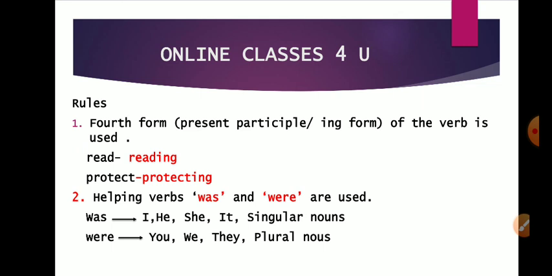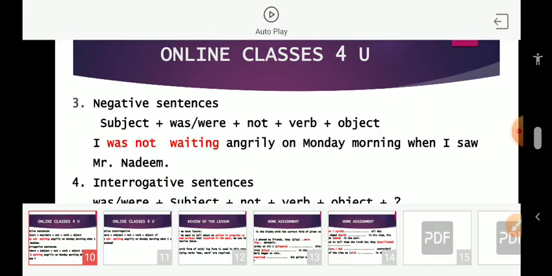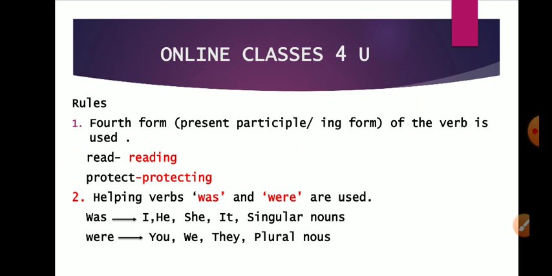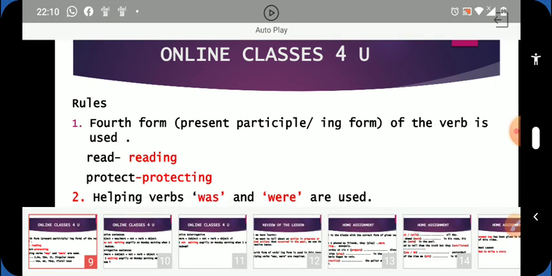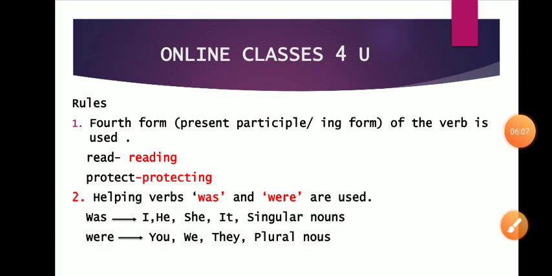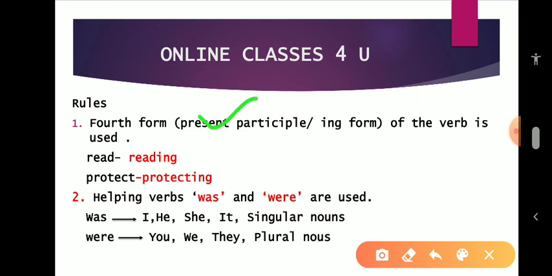Okay, now we come to the rules of past progressive tense, which rules we should follow. First of all, the fourth form of the verb, the present participle, or we sometimes call it the ing form of the verb, is used.